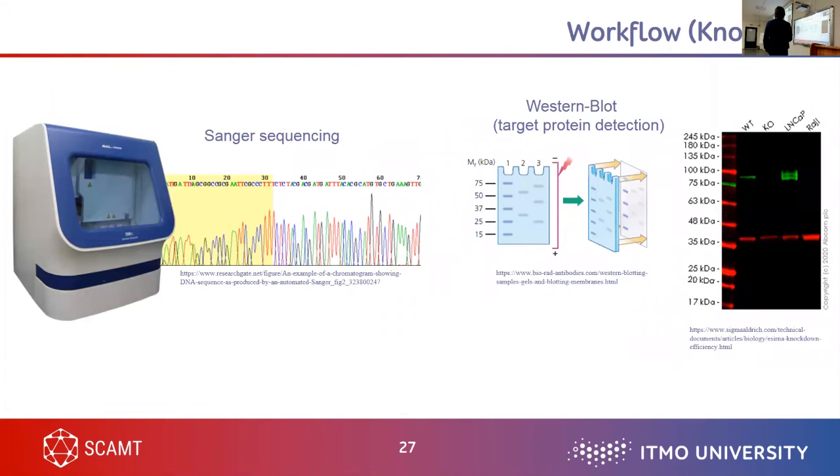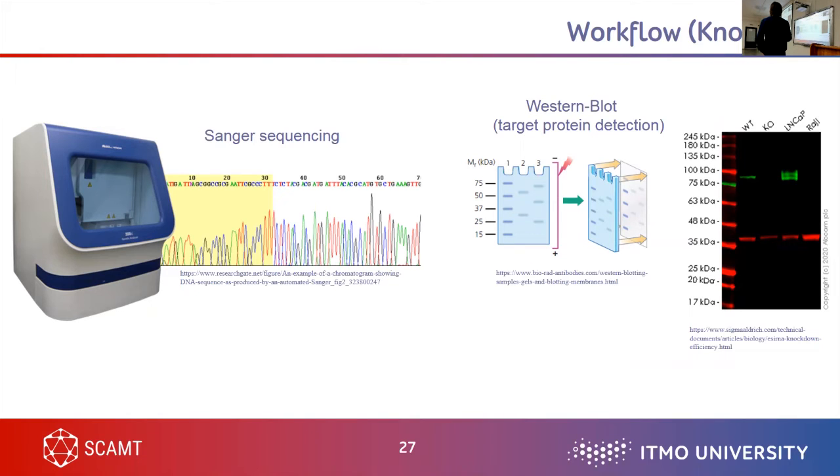Standard sequencing is one of the cheapest types of sequencing. We can just obtain the DNA chain of the cell which has the knockout. Or we can do a Western blot.